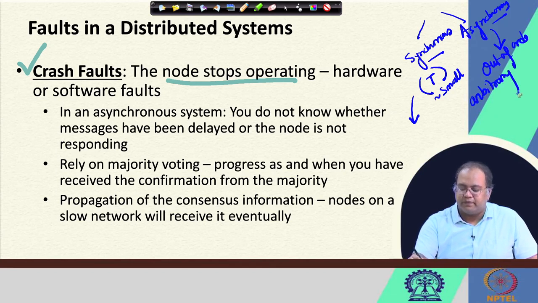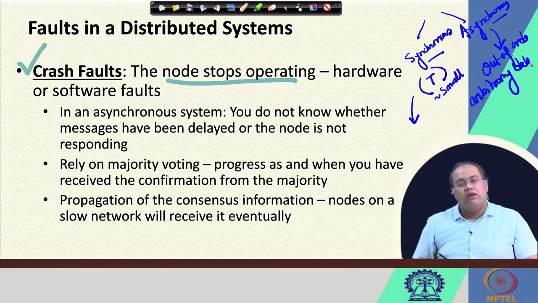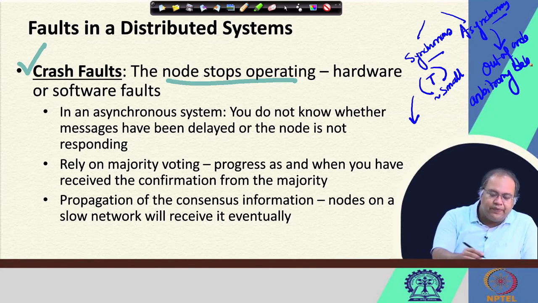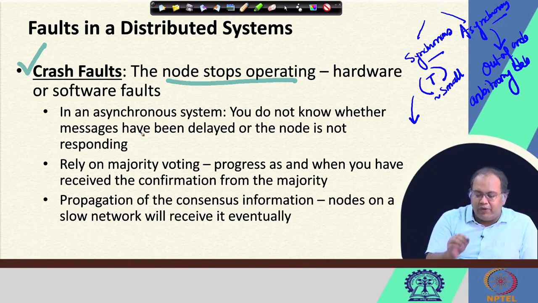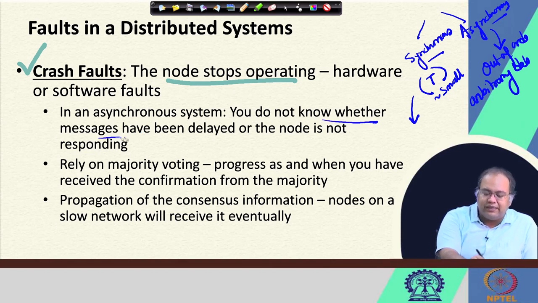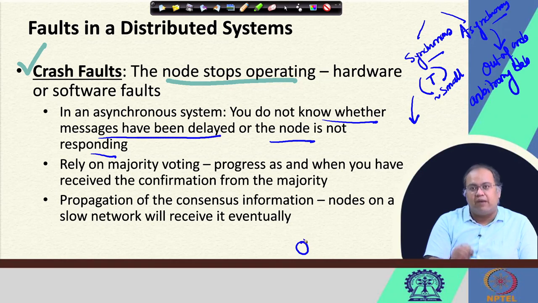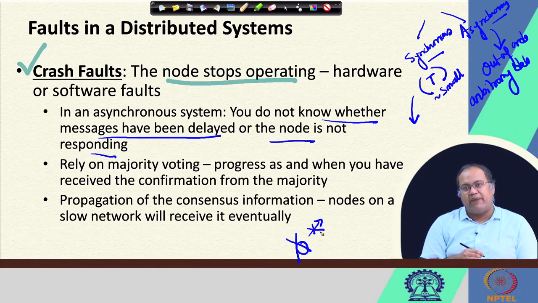So these are properties we have seen earlier that can happen in an asynchronous system. Whenever we talk about an asynchronous system, we do not know whether the messages have been delayed or the node is not responding. Why is that so? Because I have one node which is supposed to send a message. Now, assume that this node has crashed. Then you will not receive any message from this particular node.